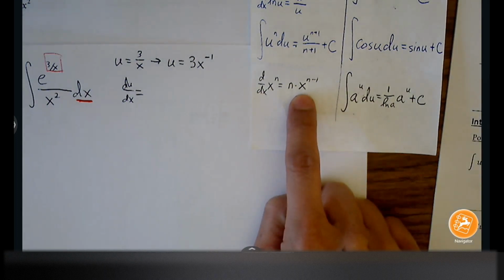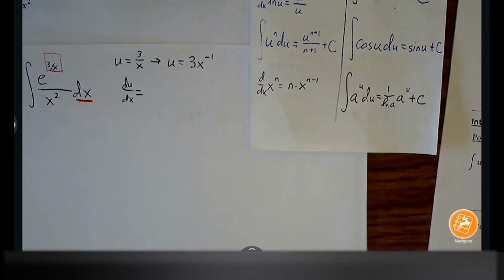Never mind. What's that going to be? Anybody else? What's the derivative of 3x to the negative 1? Wouldn't it be -3x to the -2?